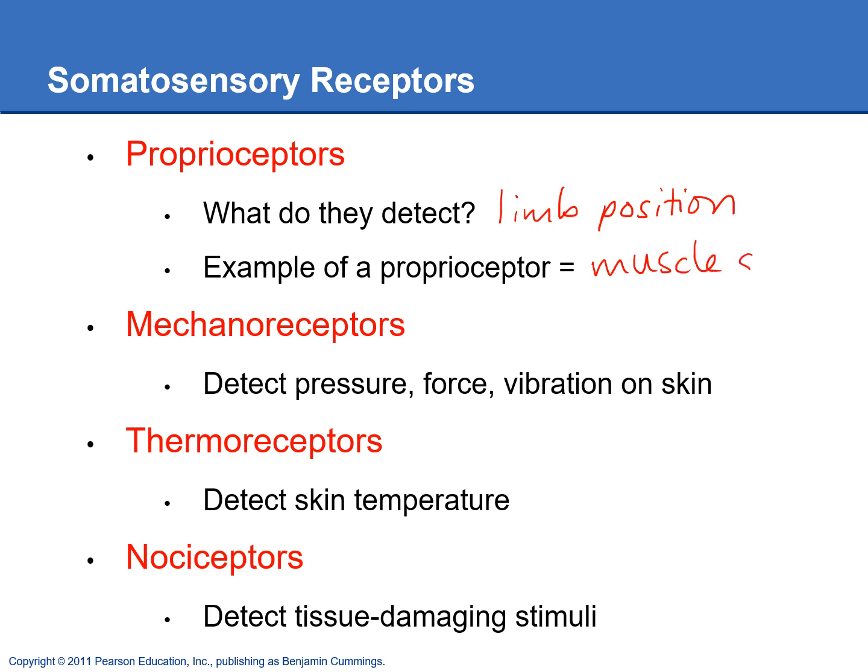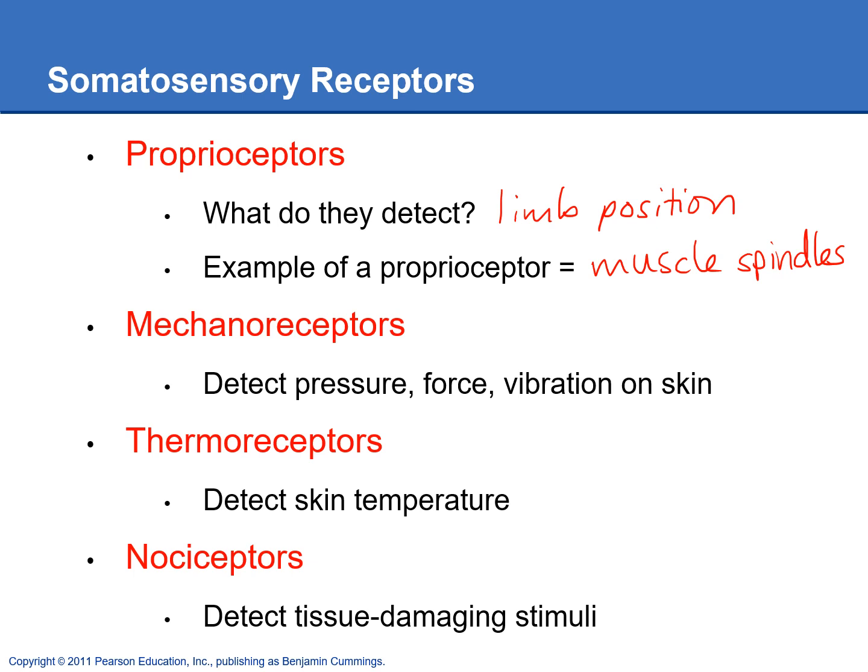So we'll get to that in chapter 12. And the muscle spindles will tell the brain about the length of the muscles. So are they contracted? Are they stretched, relaxed? What are they doing? And that'll help tell the brain about the position of the limb.